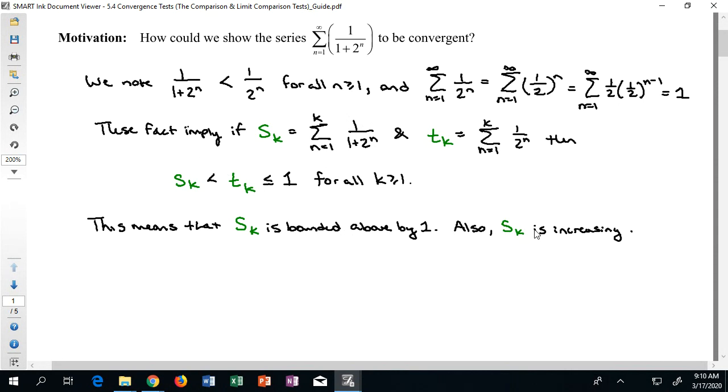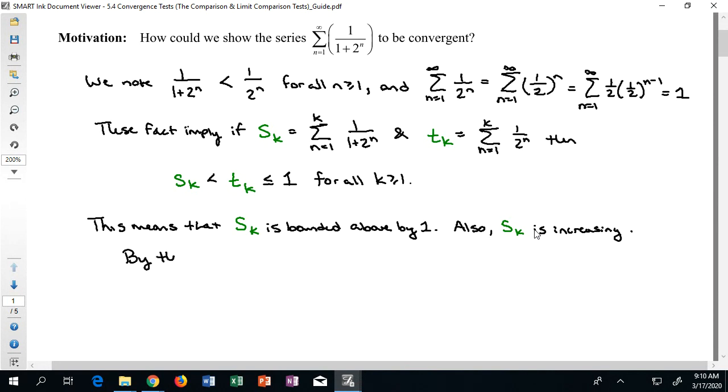But then I can think about what that means. Take a moment to think back about what we talked about with sequences in our first two sections, 5.11, 5.12. If I know that a sequence is bounded above and it is also increasing, what else do I know about it? Well, you might be able to see that I know the following.